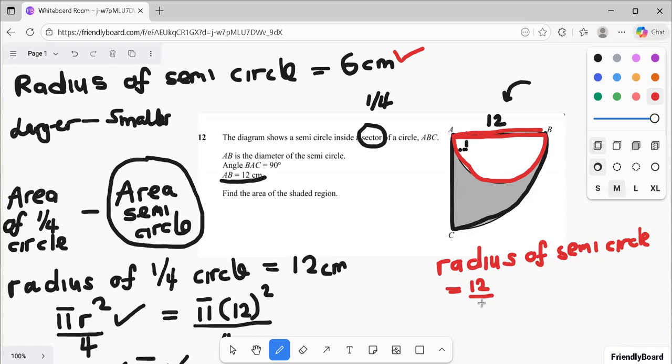So I'm working out the radius, and the radius is half of that diameter, okay? So that gives me 6, okay? That's the 6 that I had found here.